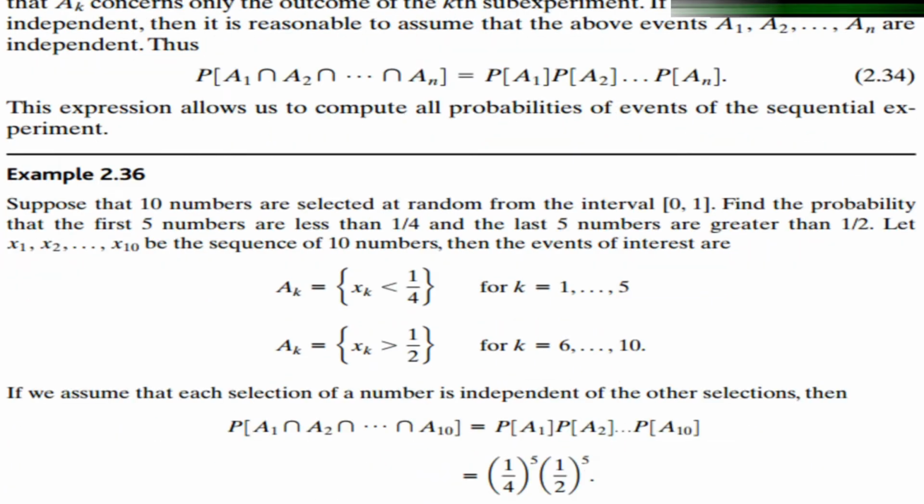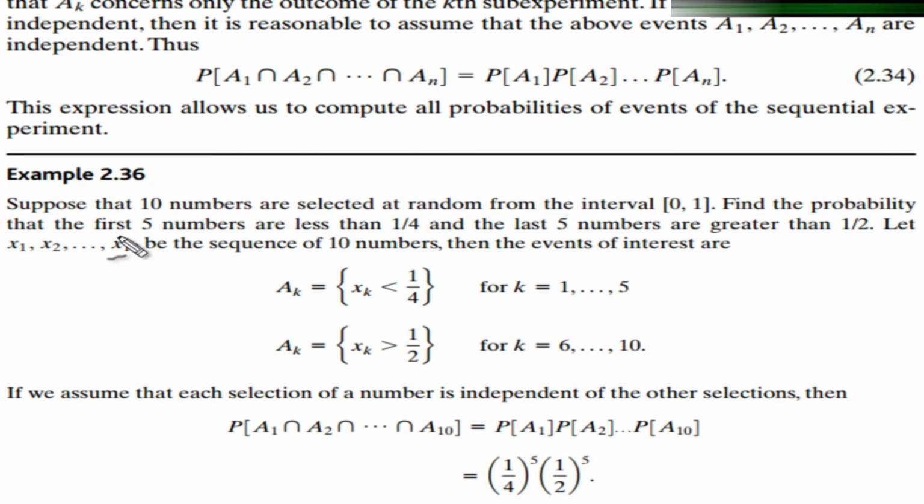This is the example, and what is asked in this example is that you have to pick 10 random numbers from the interval 0 to 1. There are some conditions related to this question.